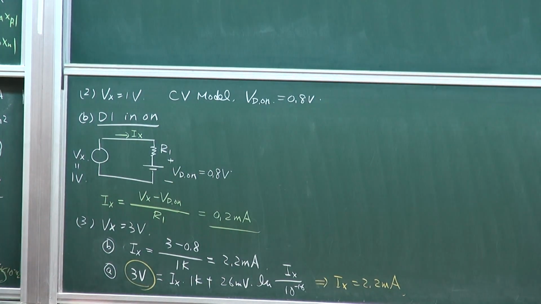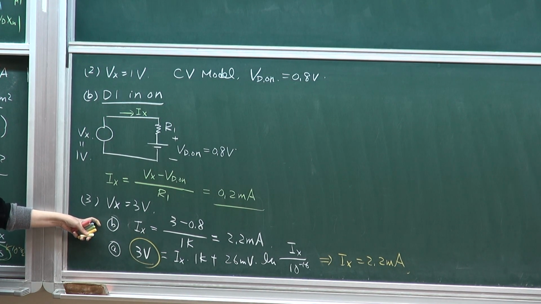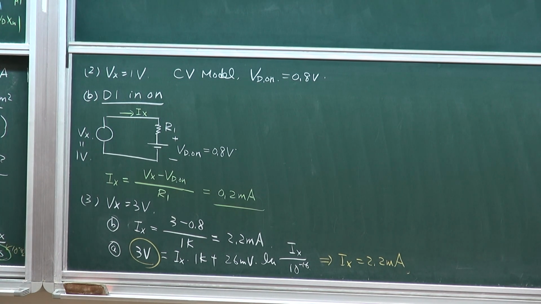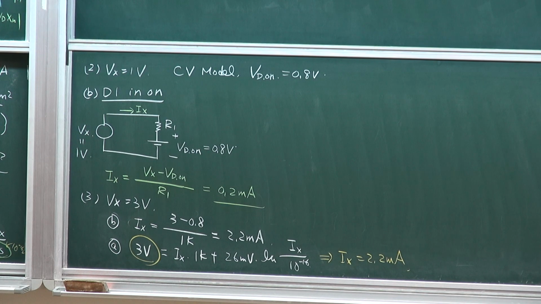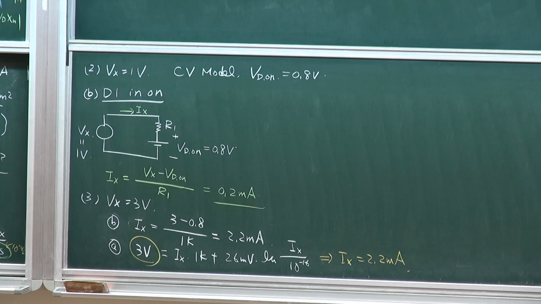So that means that if you're at a higher current level, this approximation, the constant voltage model, is actually much closer to your real answer. So there's a discrepancy that depends on the biasing condition and the applied voltage. So a different model will then give you different accuracy levels. So you have to be aware of that when you use these types of models. In this class, it's probably fine because we're going to tell you which model to use.